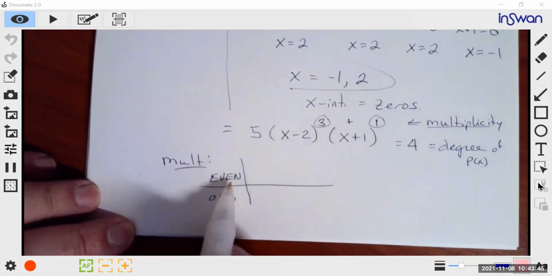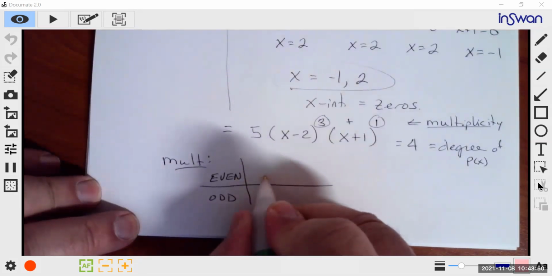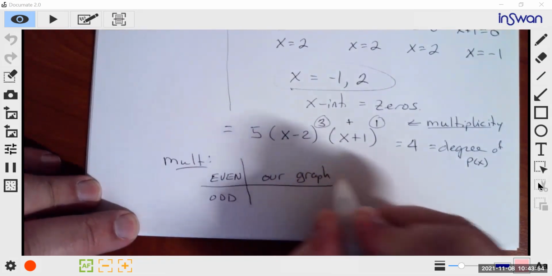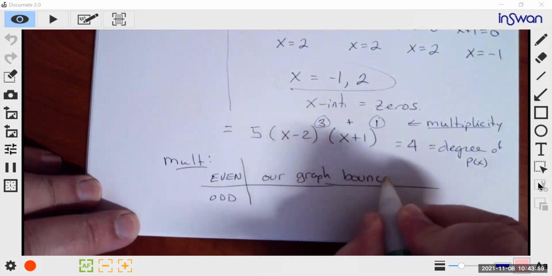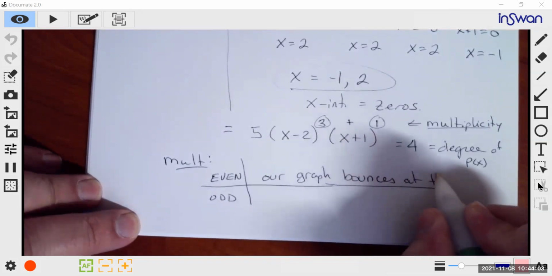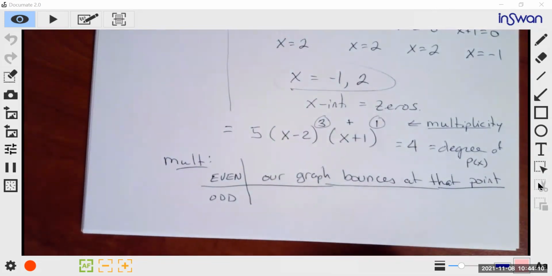If a multiplicity is even, our graph bounces at that point. If the multiplicity is even, the graph does not cross the x-axis. It simply bounces off of it at that point.